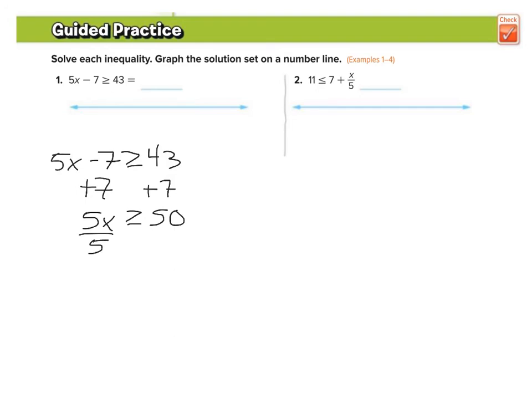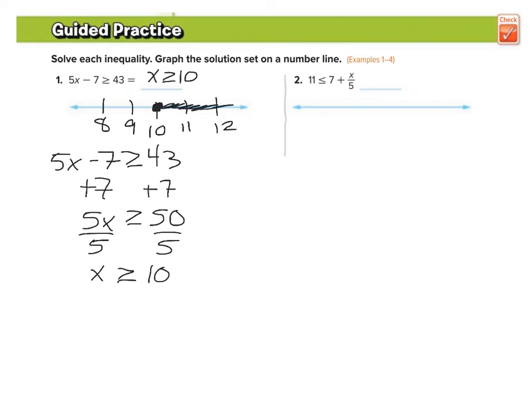Divide by 5 on both sides. 5x divided by 5 is just x. 50 divided by 5 is 10. So x is greater than or equal to 10. 10, 11, 12, 9, 8. Greater than or equal to, so I'm going to shade in a circle at 10, and then shade anything greater than 10 in.